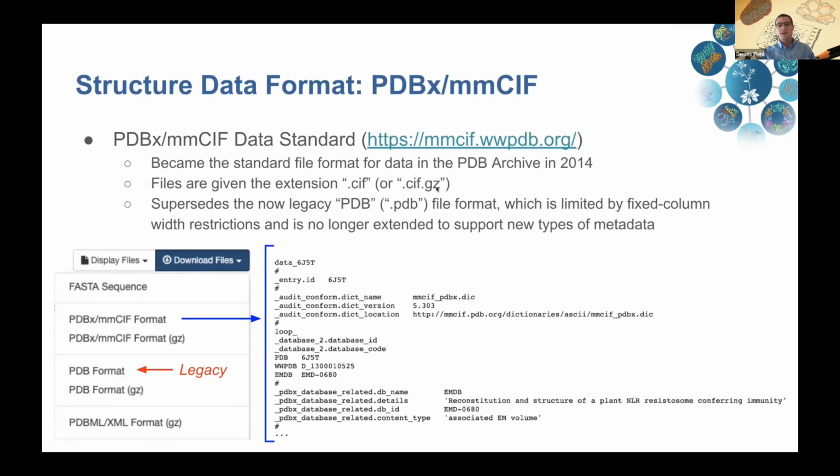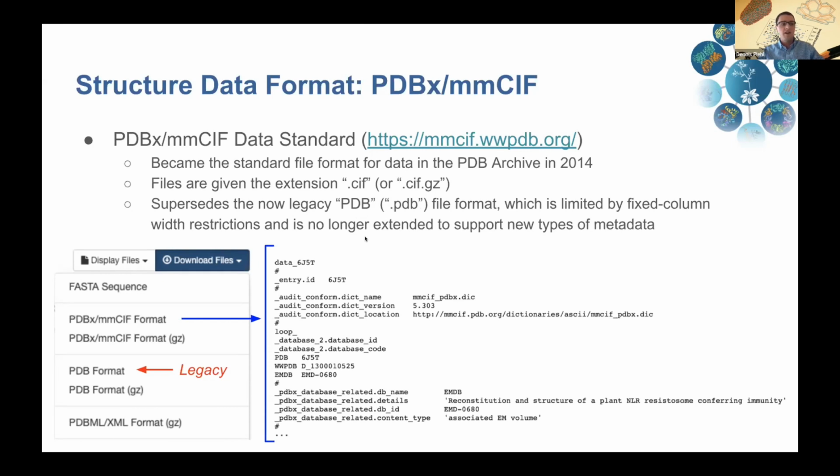And if they're not using this already, begin to migrate to using this. For those who have worked with data from the PDB in the past, chances are you're familiar with the legacy PDB format file, with the .pdb extension. I suspect many people may still be using this, but since 2014, we've stopped supporting extensions to this format in favor of the PDBx/mmCIF format.